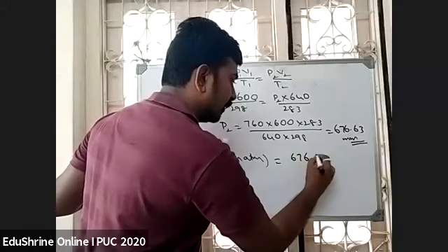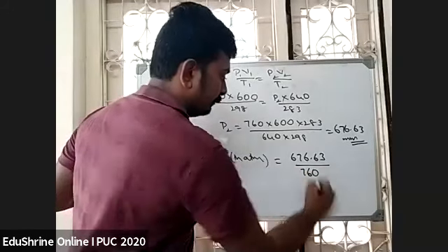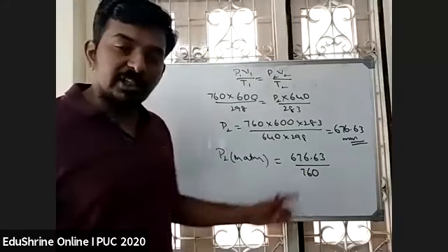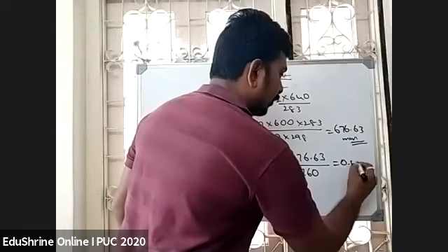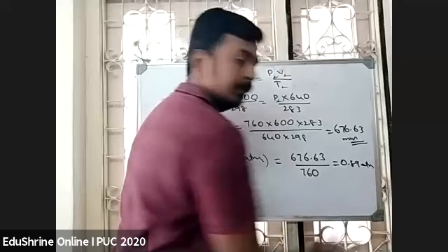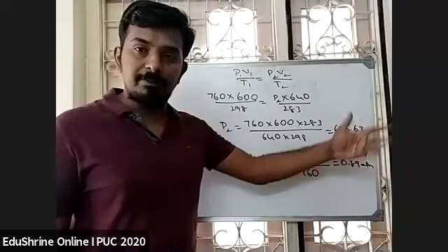Divide this with 760. Right. So how much will you get? 0.89 atm. This will be the answer in atm, if they ask.